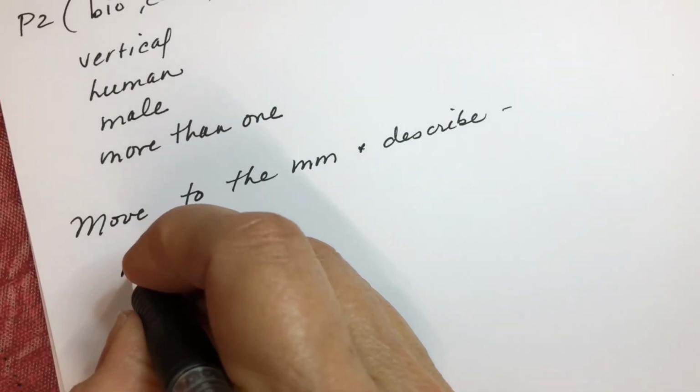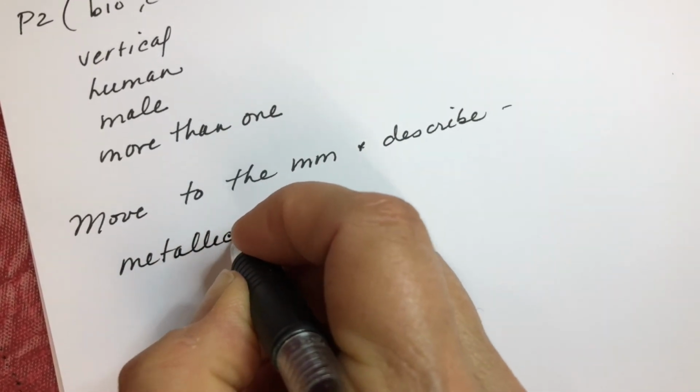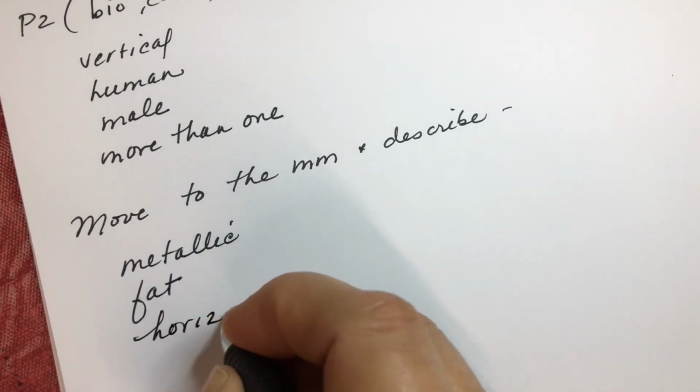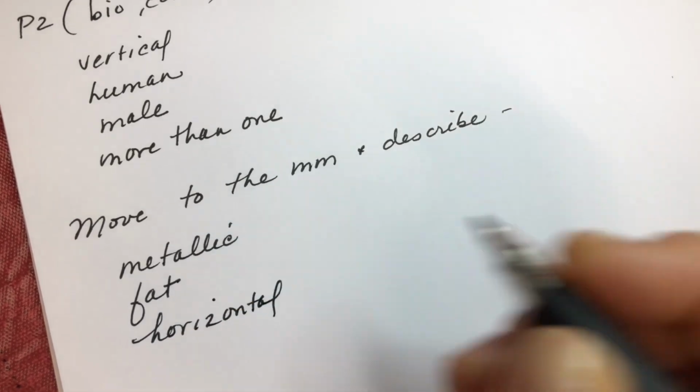Metallic, fat, horizontal. AI, it's in front of me. What's my emotional reaction to that?